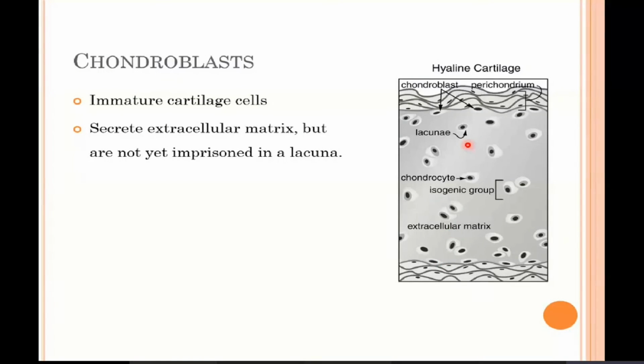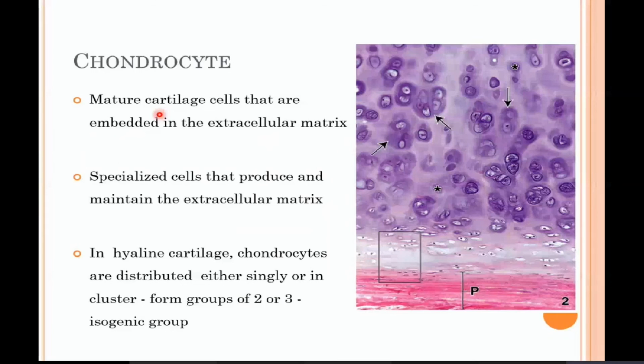Mature chondrocytes are specialized cells embedded within the extracellular matrix that produce and maintain it. And in hyaline cartilage, which is a type of cartilage, chondrocytes are distributed either singly or in groups of two or three cells. So they are called isogenous groups.